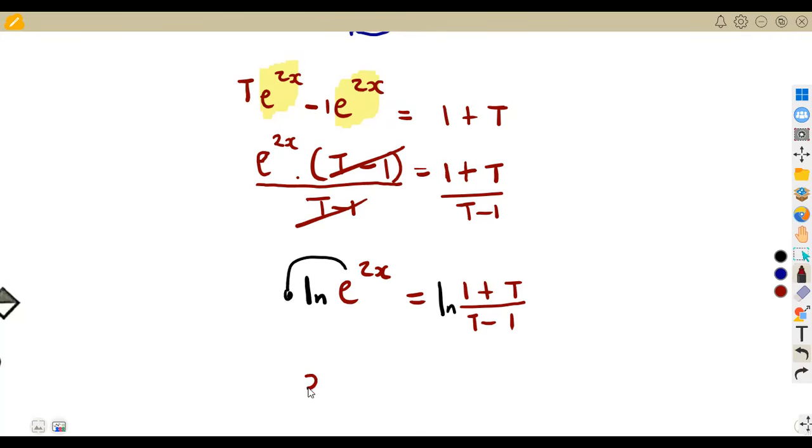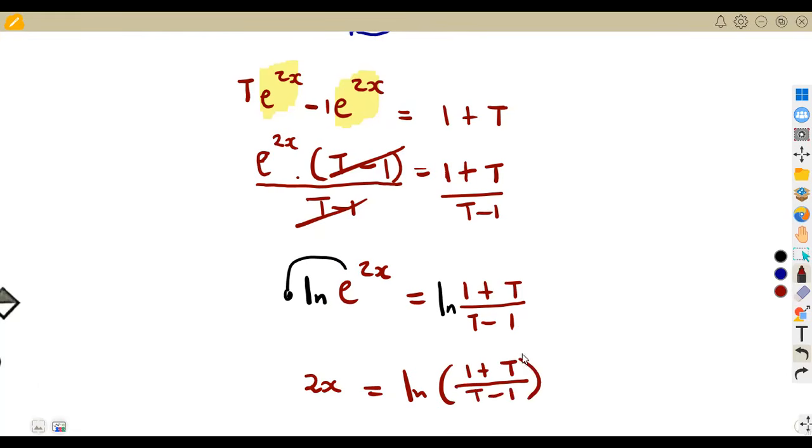So that will be 2x ln e, but we understand that ln e is equal to 1. So 1 times 2x remains as 2x. So 2x is equal to the ln of, this is now a single log, 1 plus t over t minus 1.